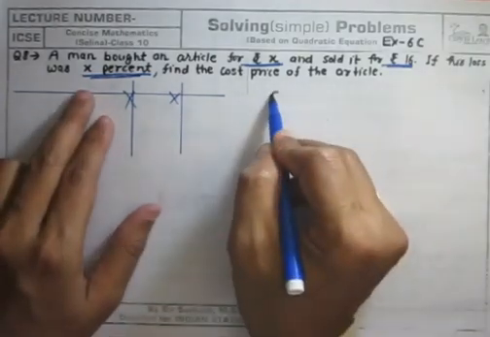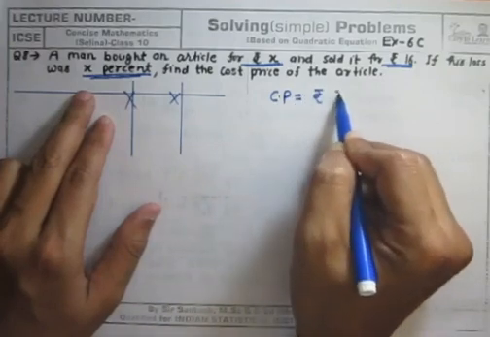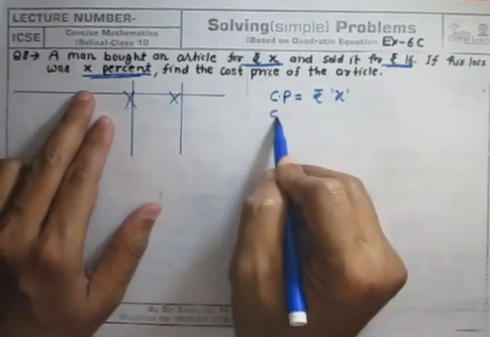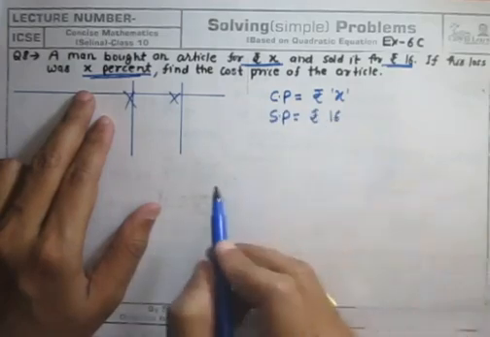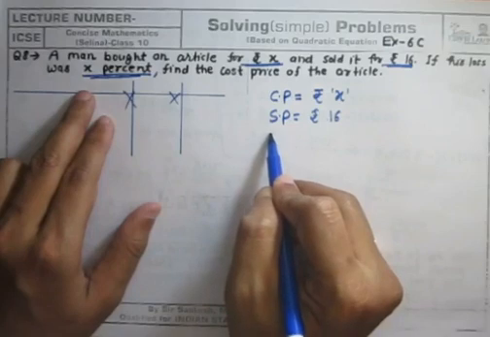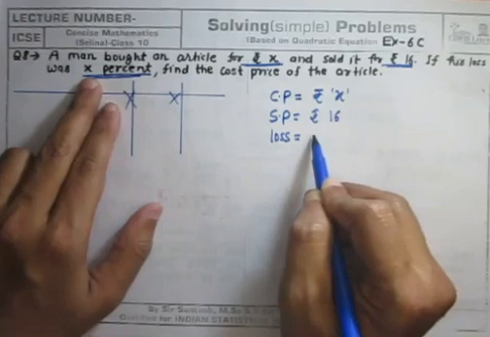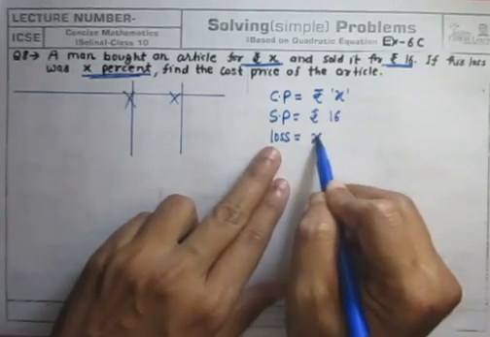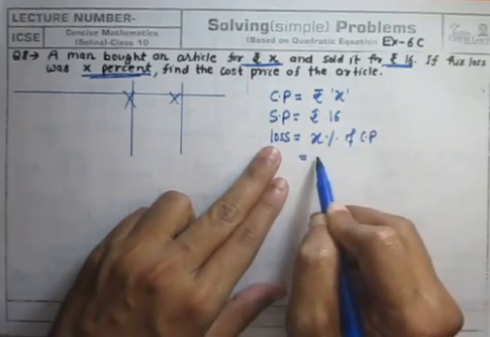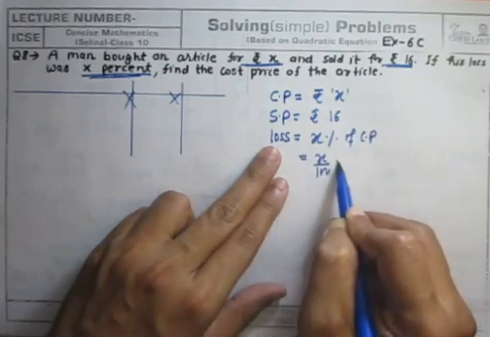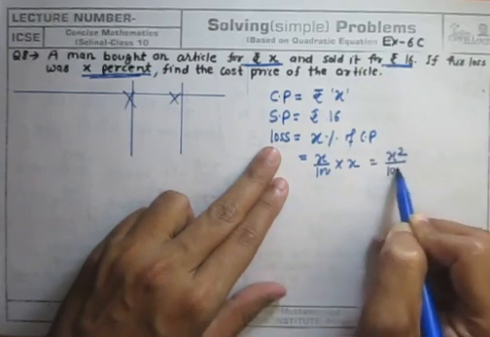So here the cost price of the article is given, rupees X, and the selling price of the article is given, rupees 16. Now the loss is given as X%, so the loss will be X% of cost price, so X by 100 into cost price X, so it is X square by 100.